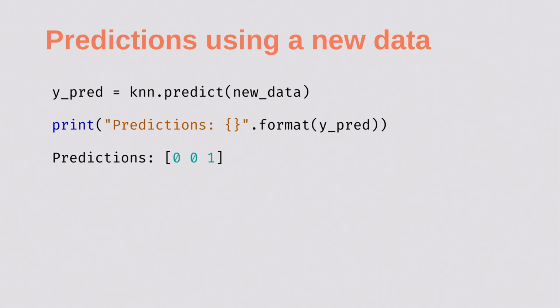The third customer, however, is predicted to churn, they're labeled as 1. So based on our model, customers with higher monthly charges and shorter tenure might be at more risk of leaving. This is how simple and powerful KNN can be for classification tasks using scikit-learn.